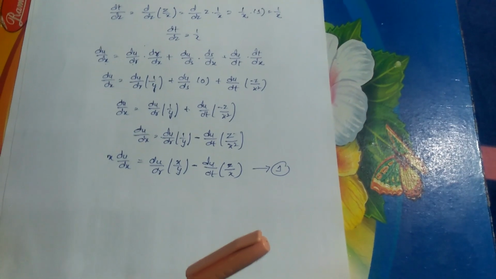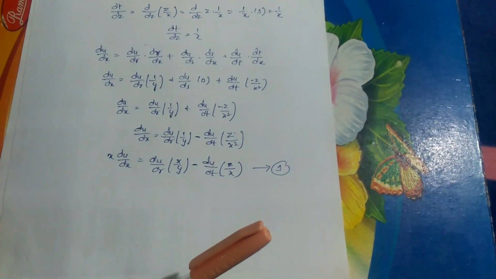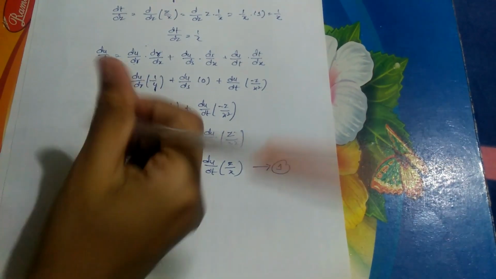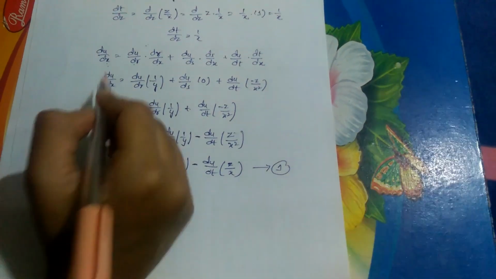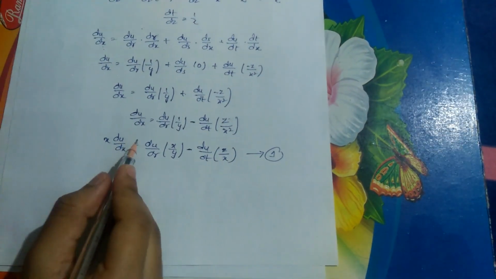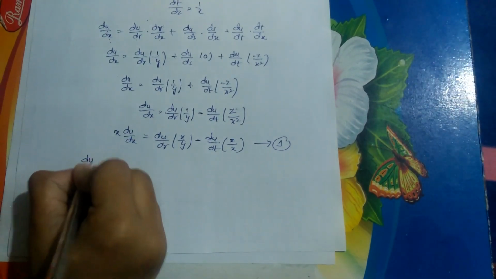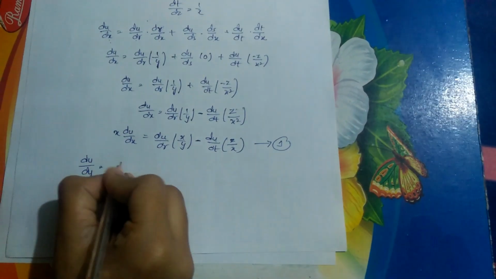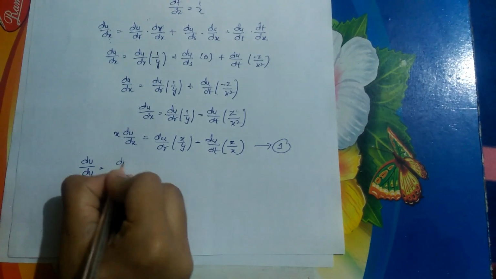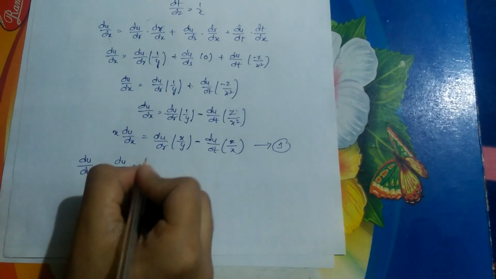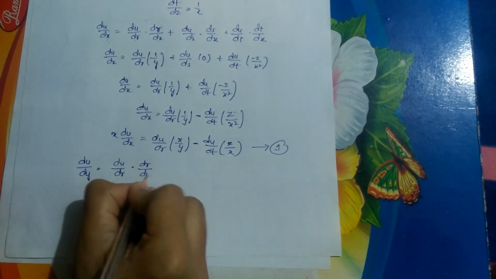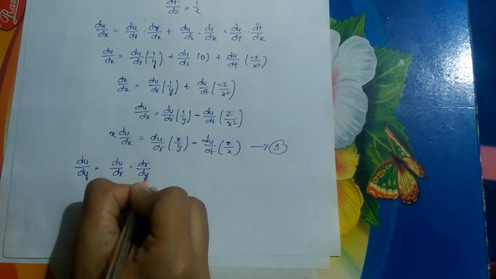Similarly, find ∂u/∂y. So here we have found ∂u/∂x. Now we should find ∂u/∂y. So here the formula comes as ∂u/∂y is equal to ∂u/∂r into ∂r/∂y.